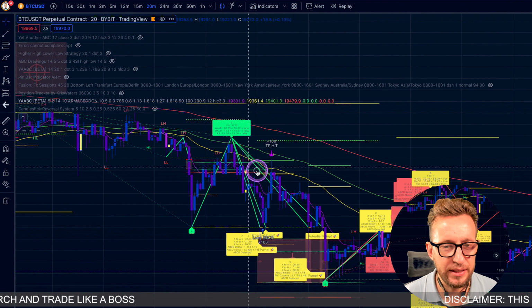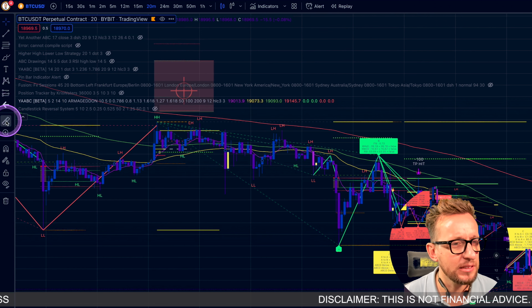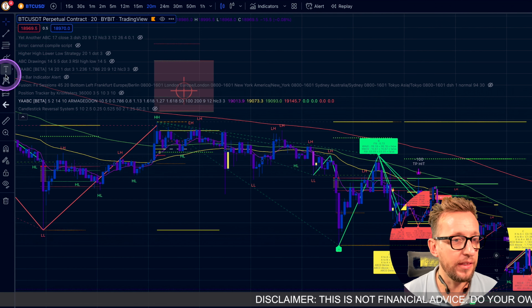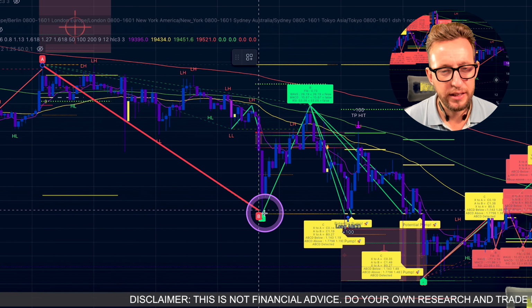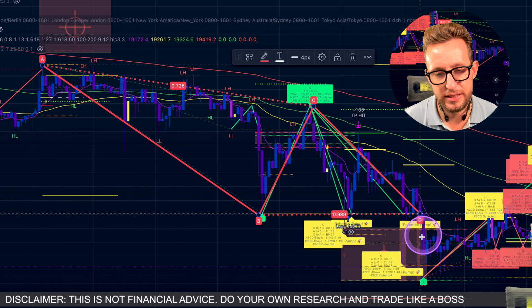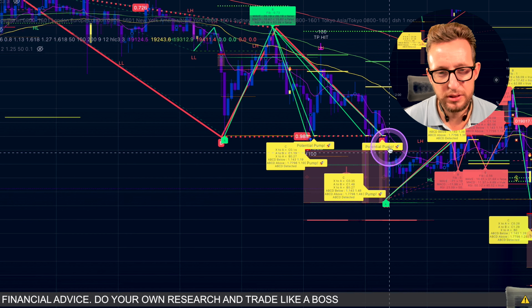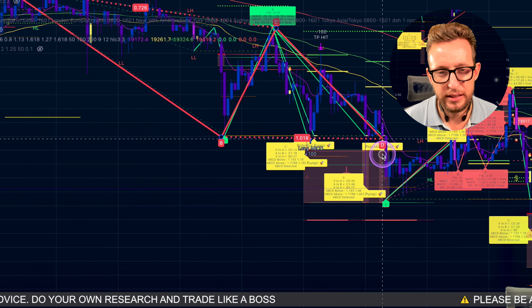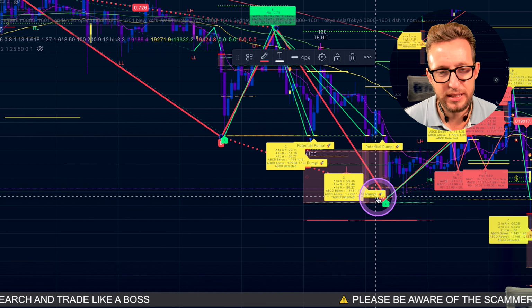So as you can see, it gives you some great ABCD patterns. We have our patterns that look like this over here. If I pull these patterns out here, it's putting from here to here like this, giving us our entries, looking for an entry to happen between this red box here that you can hardly see. So if it comes down and hits inside that red box, it could give us an ABC detection.